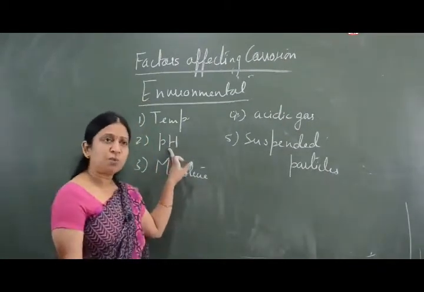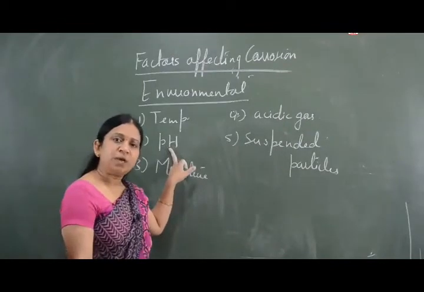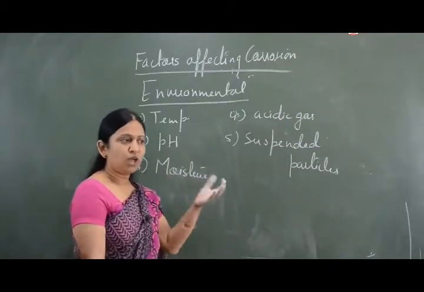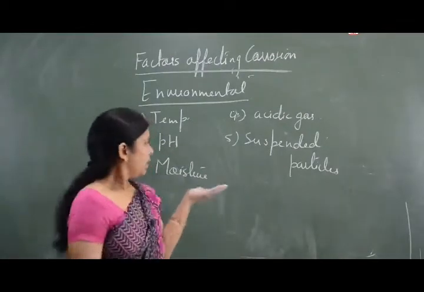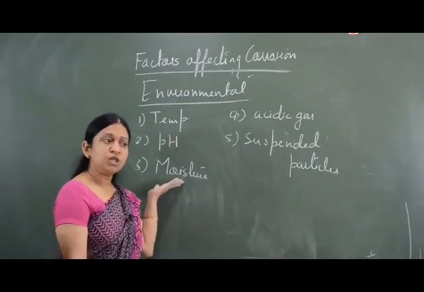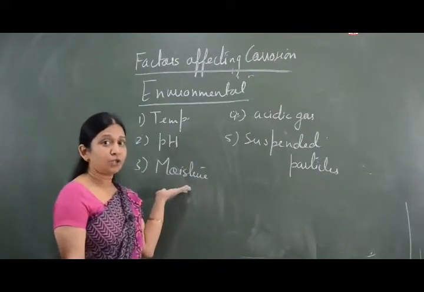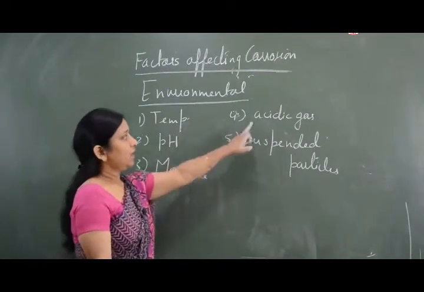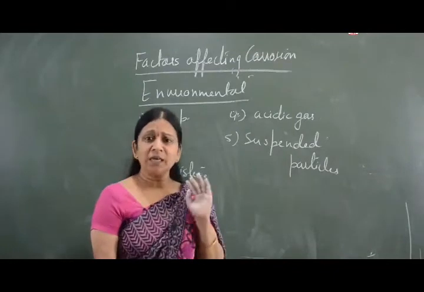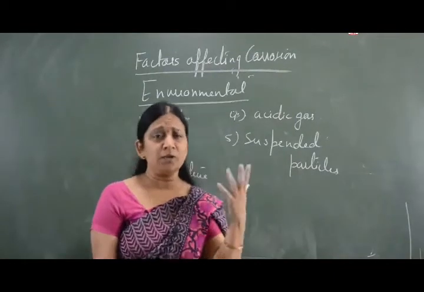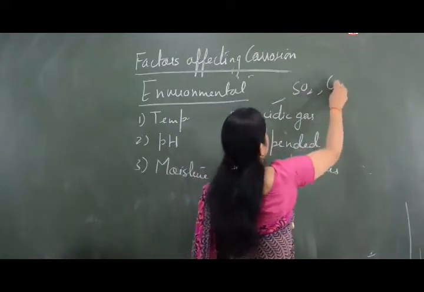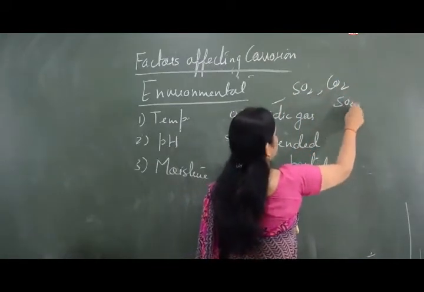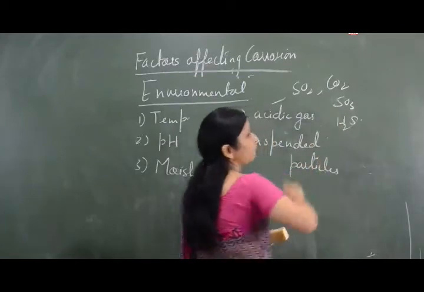Second is pH. Corrosion always takes place in acidic medium, so if the pH is less, the rate of corrosion is fast. Moisture is a deciding factor in the rate of corrosion. Then acidic gases: in the environment we have a number of acidic gases like SO2, CO2, SO3, and traces of H2S.